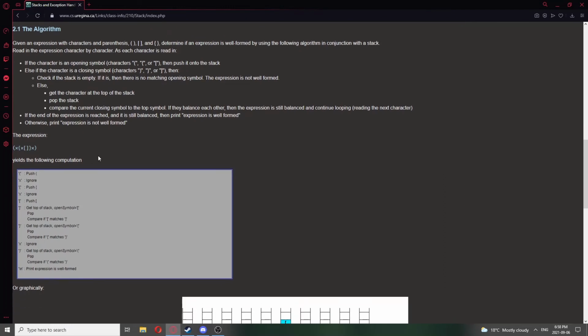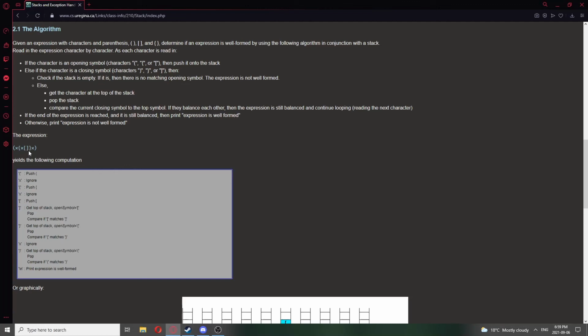So in an example with this, you're going to push this parenthesis, ignore the X, push that brace, ignore the X, push that bracket. You'll encounter the first closing bracket. When you're popping a stack, the most recent thing that went into it will be the first thing that comes out.